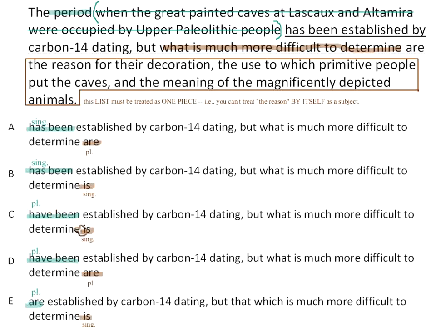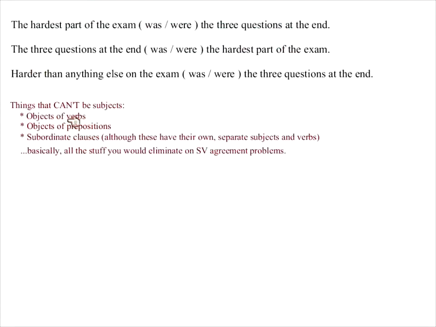So you can't do that. And anything like carbon-14 dating can't be because it's by carbon-14 dating, which is a prepositional phrase, and so on. So these things are not the subjects of the main sentence. If that makes sense, then give me the smiley face icon. Okay, we're getting a lot. It's good. A lot of smiley faces.